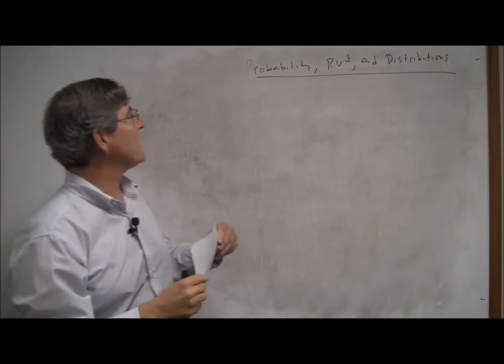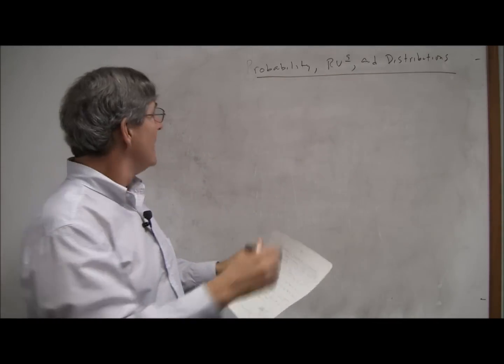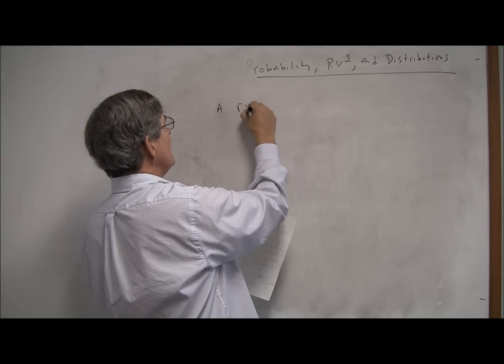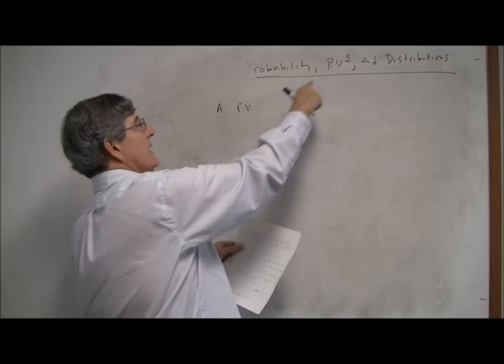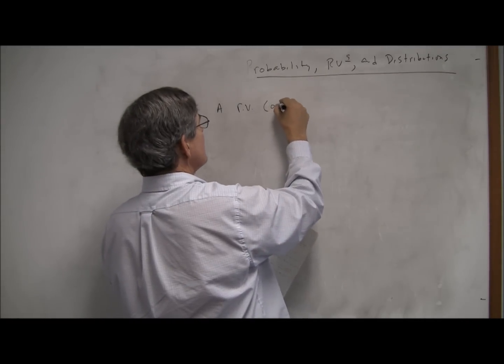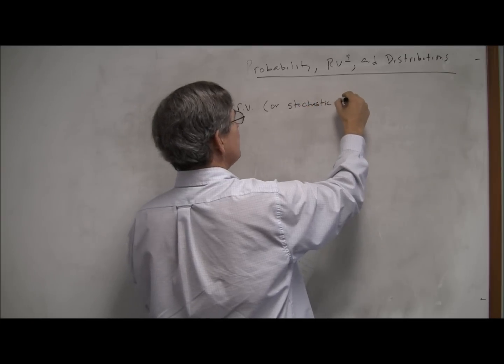I'm not sure if I got all that on the video, but anyway, this says probability, random variables, and distributions. So let's start with a random variable. A random variable, which I'll often abbreviate as RV, or sometimes they're called a stochastic variable. Stochastic just means random.